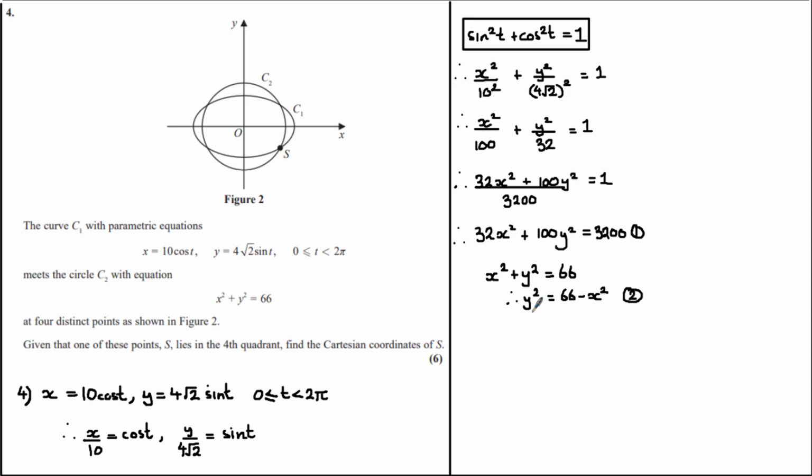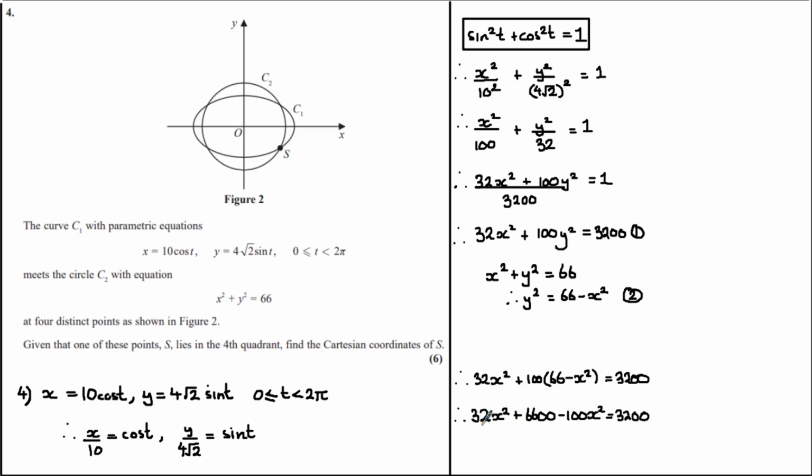Now, as we have found an expression for y squared, we can substitute this back into equation 1 to get the following: 32x squared plus 100 times (66 minus x squared), so we've just substituted this for y squared, is equal to 3200.